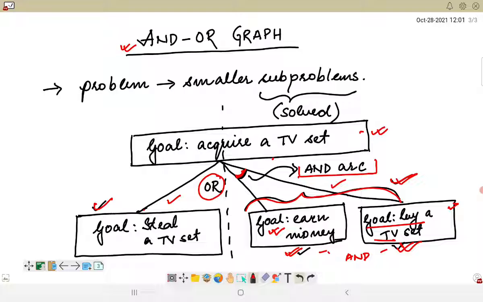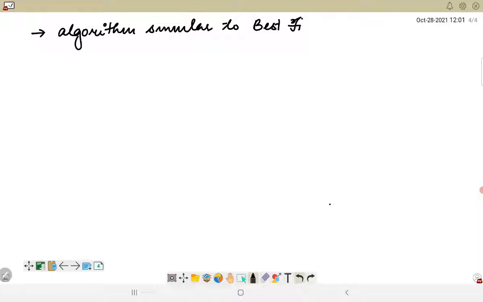Okay, so now talking about solving the AND OR graph. When we have to find solutions to an AND OR graph, we need an algorithm which is similar to best first search, which we have already done.